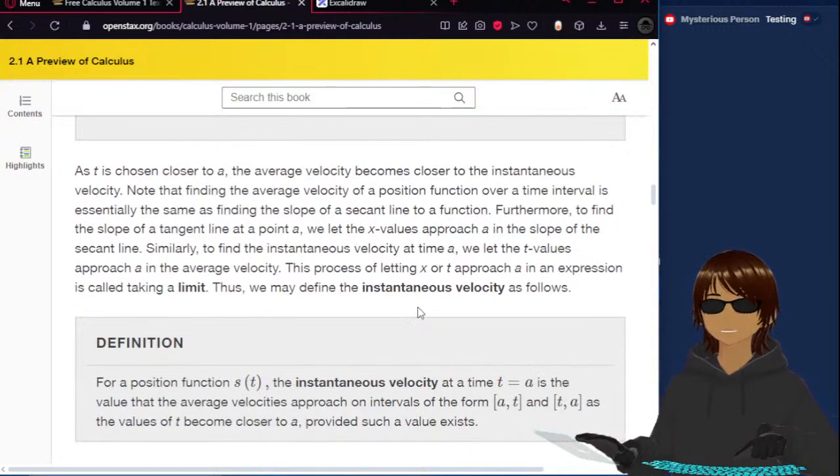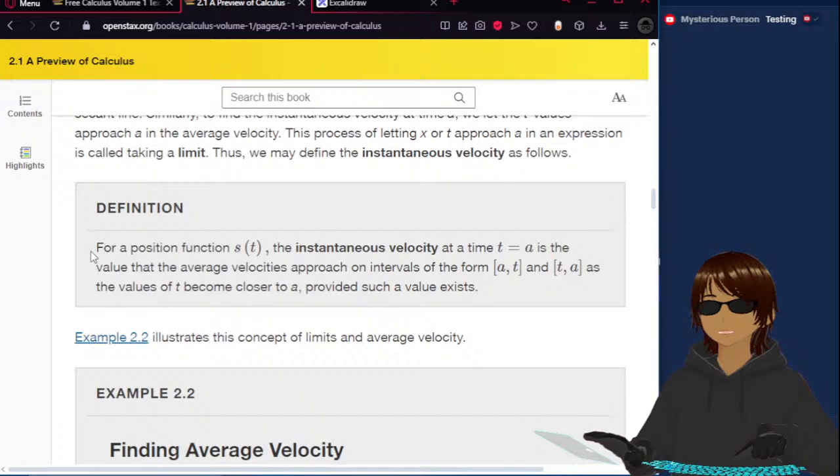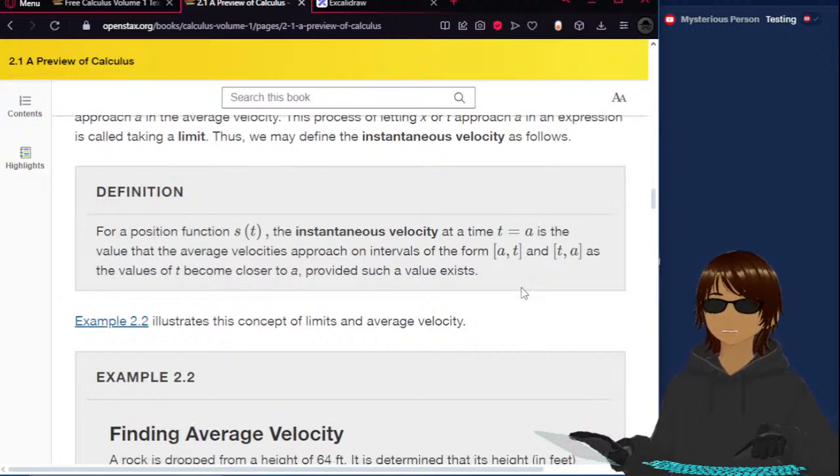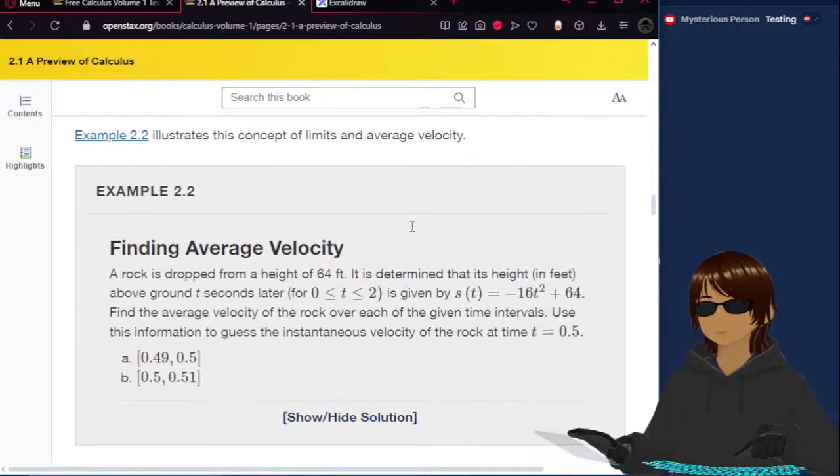We may define instantaneous velocity as follows. For a position function s of t, the instantaneous velocity at a time t equal to a is the value that the average velocities approach on intervals of the form a to t or t to a as the values of t become closer and closer to a, provided such a value exists.